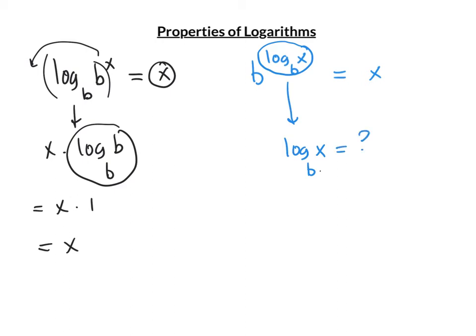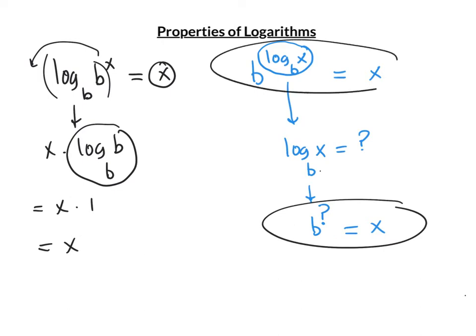So this means that b to whatever my question mark is equal to x. Look at this last statement and think about it. These two statements are identical because this question mark represented the exponent that was this. In other words, this is b to that thing I don't know. And I already figured out that it would be x.